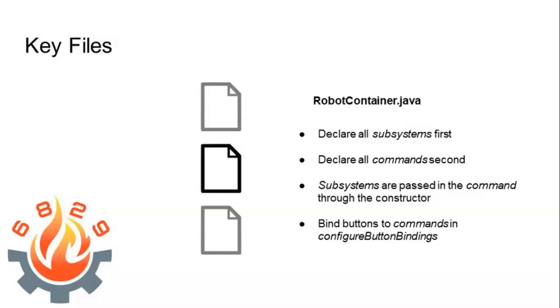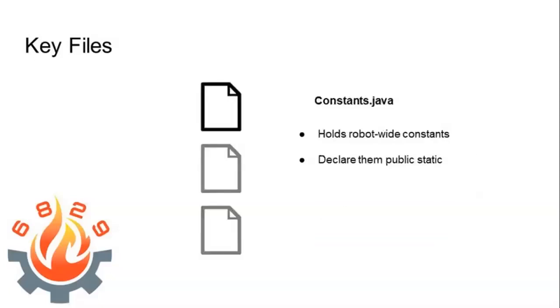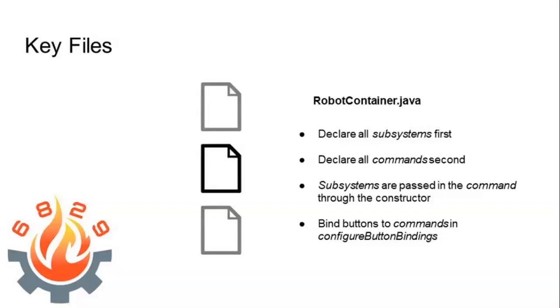By the way, other things you could put into constants are your CAN IDs and your button numbers, so you can use names. You want your code to be readable. If you've got some value equals 5, why is it 5?